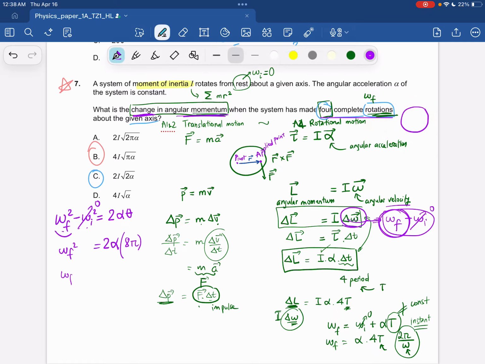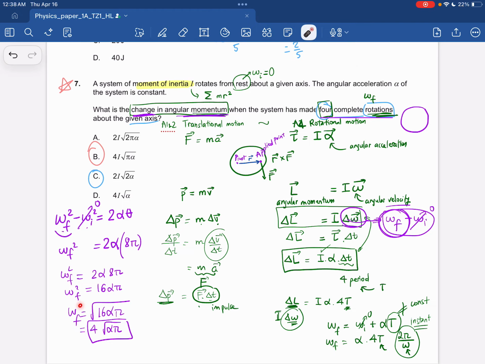Now you can find omega final squared is 2 alpha times 8 pi, which equals 16 pi alpha. This is the square. If we want to find omega, we need to square root it. So it equals 4 square root of alpha pi. This is the omega final.